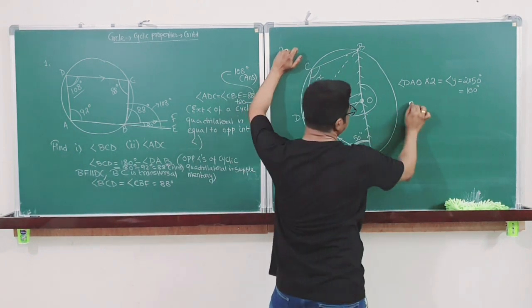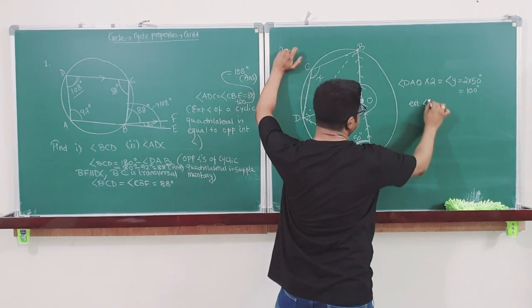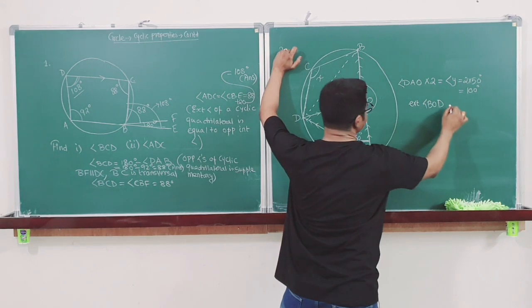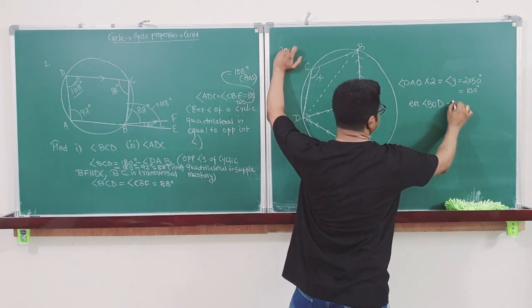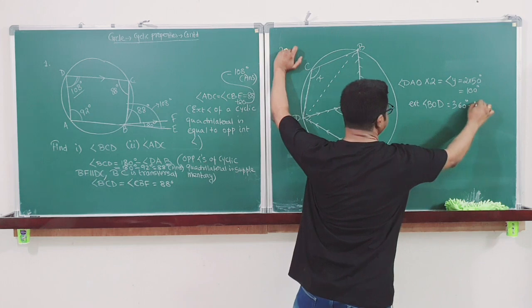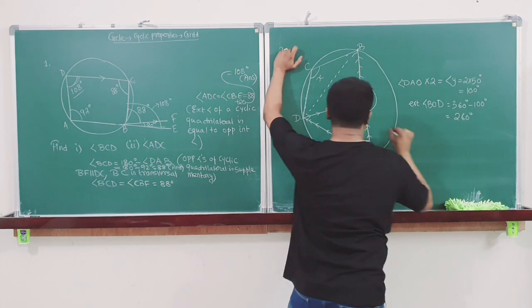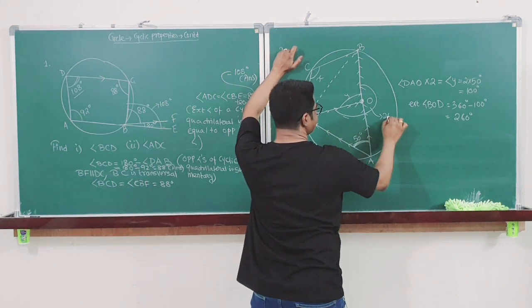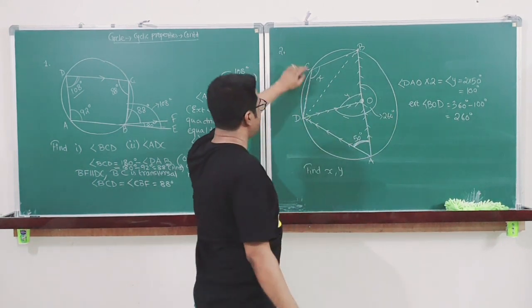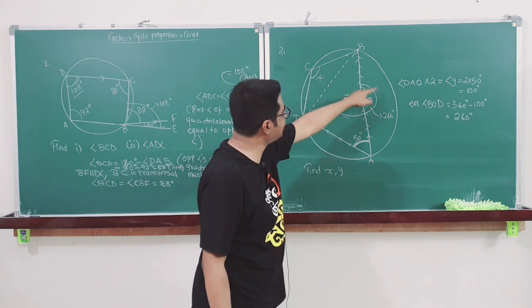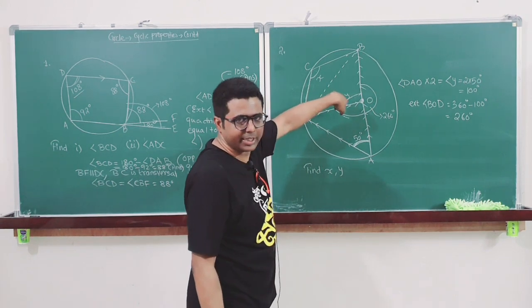So external angle BOD is 360 degree minus 100 degree. How much? 260 degree. So this is 260 degree. And we know angle X is half of this angle. Correct?